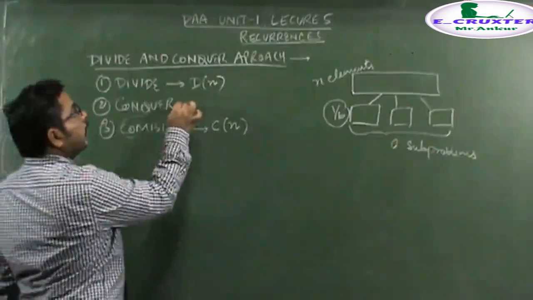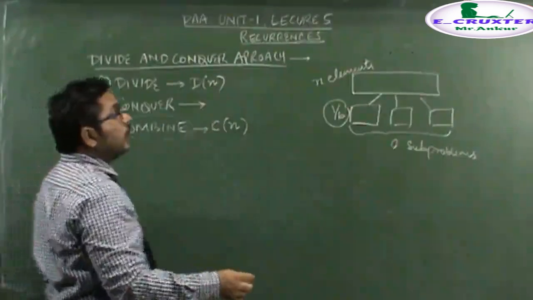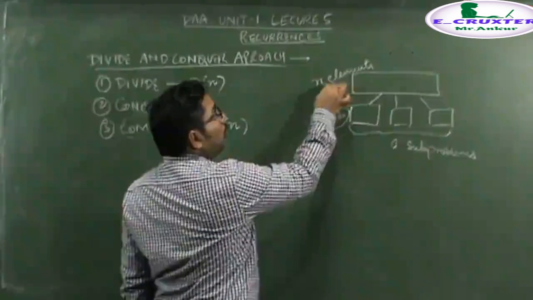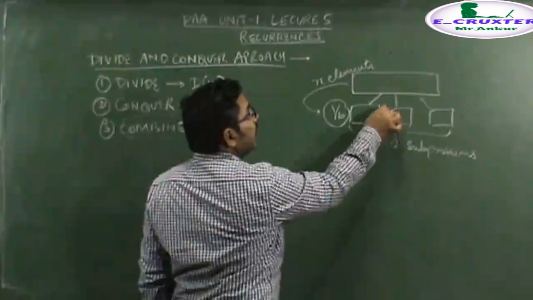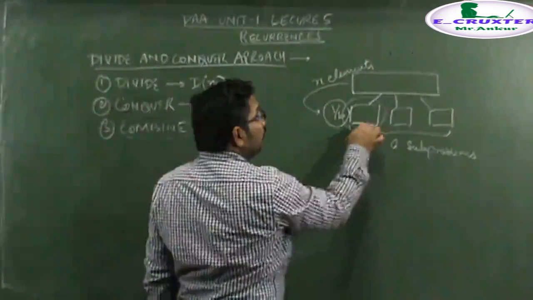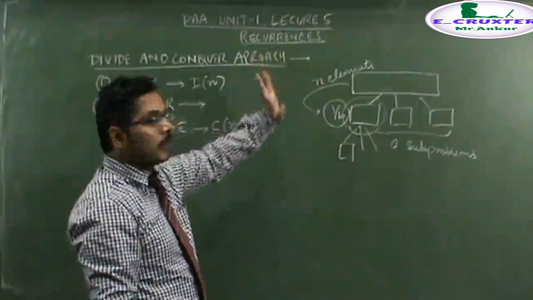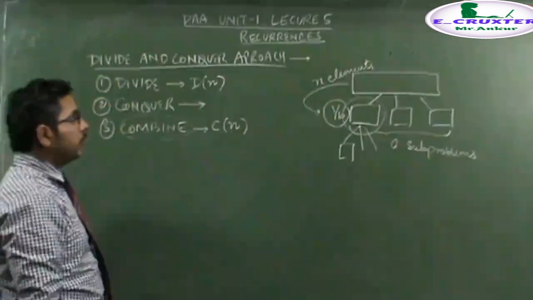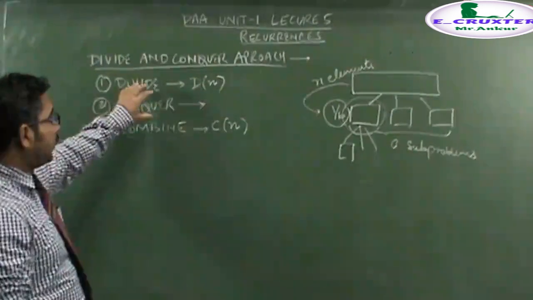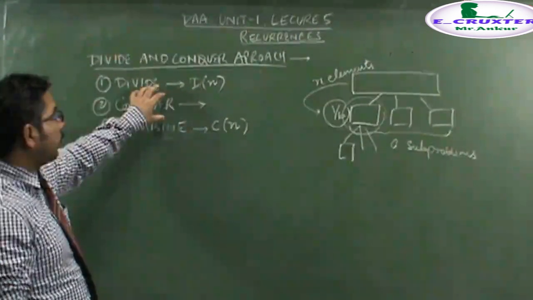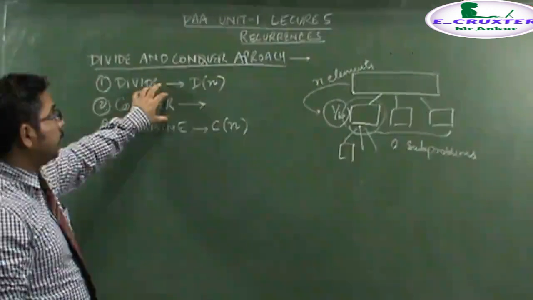When we conquer, we divide the original problem into sub-problems, and further divide those sub-problems recursively in the same fashion. Then what is the total time for conquering?